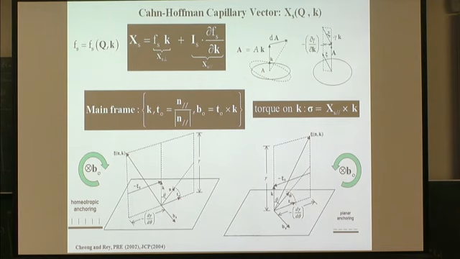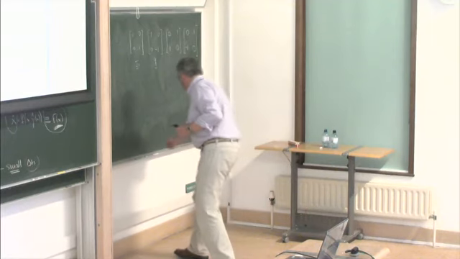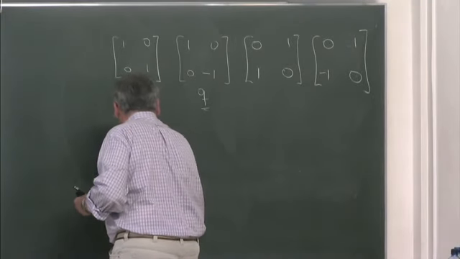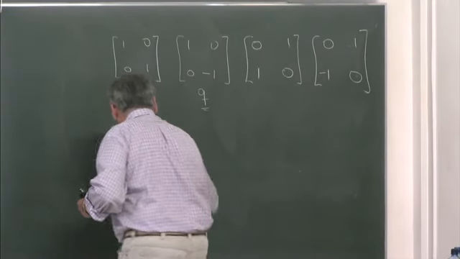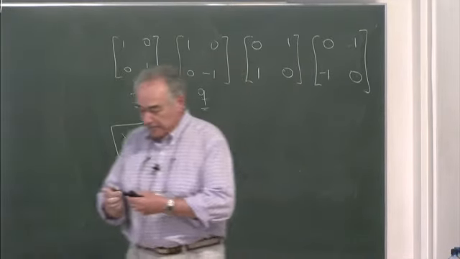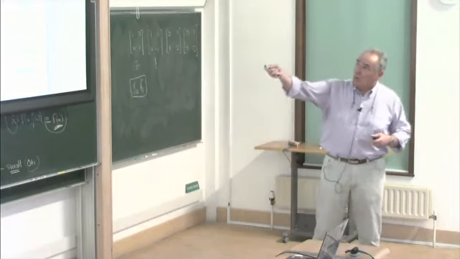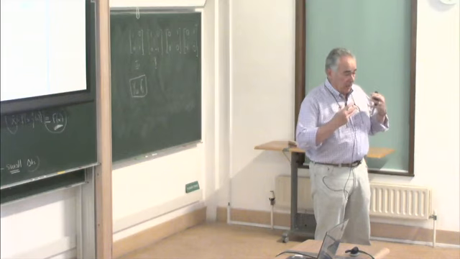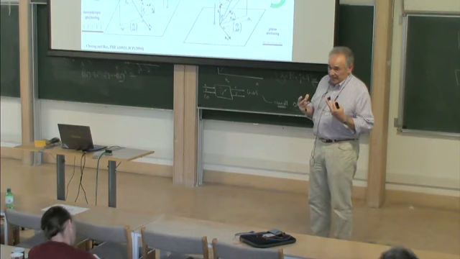In what follows, due to merging of different papers and different nomenclatures, I use gamma or F sub S. So this is the Cahn-Hoffman capillary vector associated with a liquid crystal.